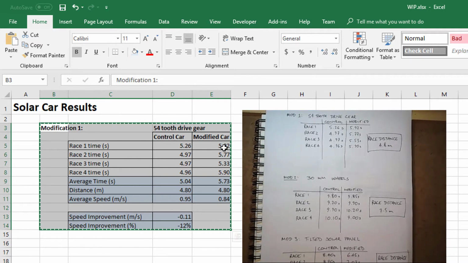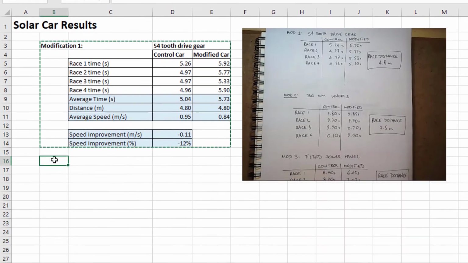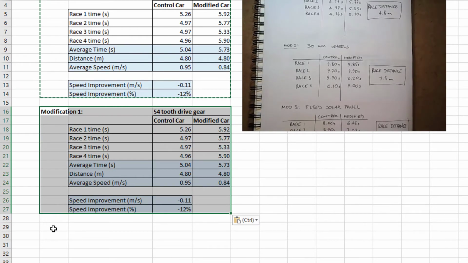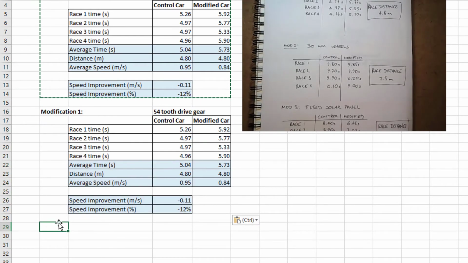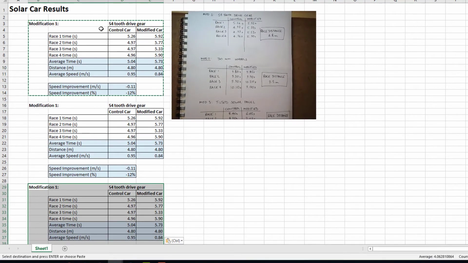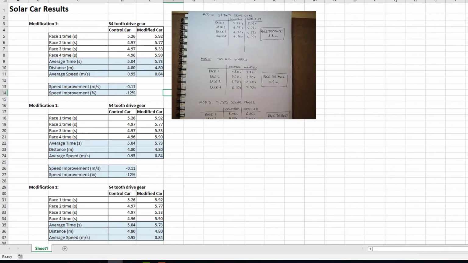You see little marching ants going around the outside. Now if I come down here, leaving a spare row, and then go Control V, then come down the bottom again, leaving another spare row, and Control V again. Okay, and now I can press Escape to get rid of the marching ants. They're gone because I've finished pasting.